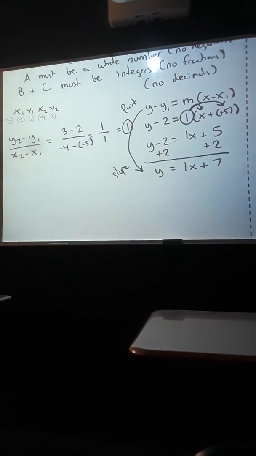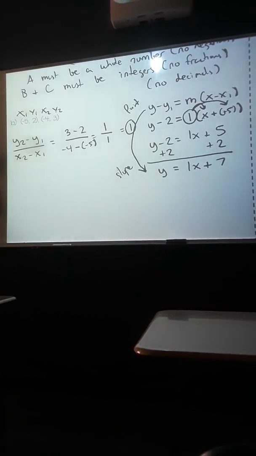Now we're going to take it a step further. We're going to now go from slope intercept to standard form. So in order to make this standard, we must get the x and the y on the same side.